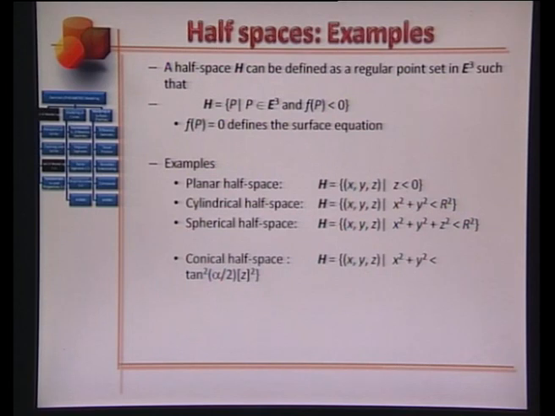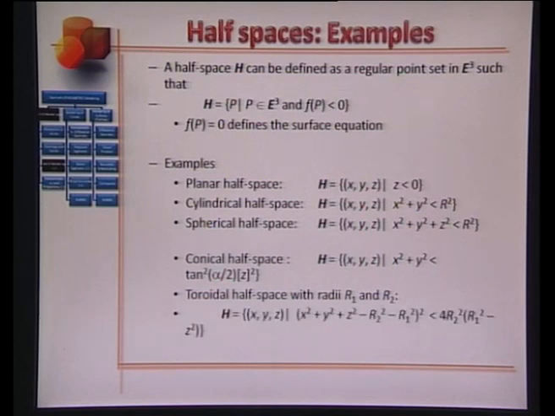A conical half space, again, a set of all points that lie within the cone. A toroidal half space, the radii of the torus are R1 and R2. It's a set of all points that lie within the toroidal surface.